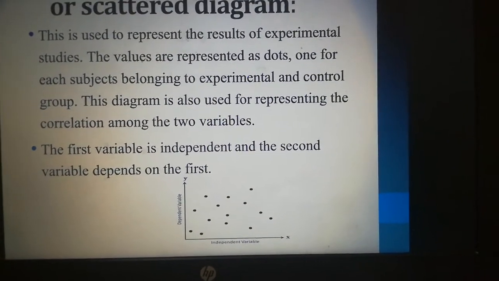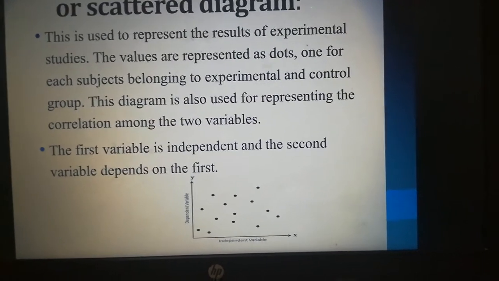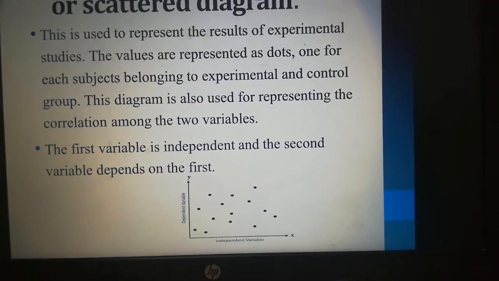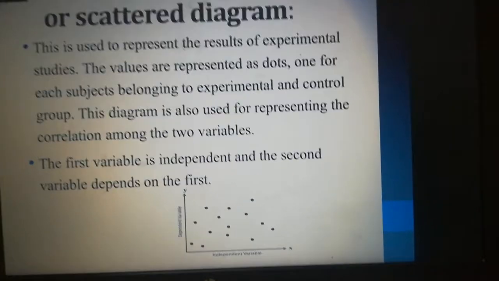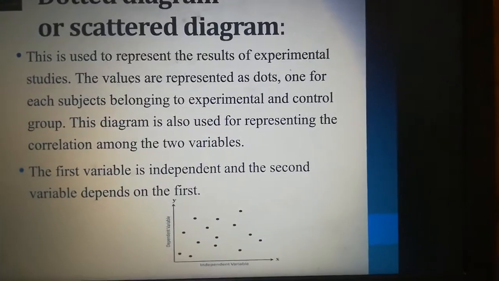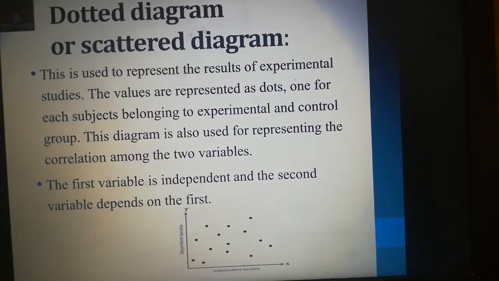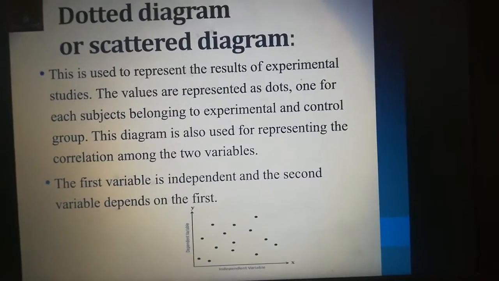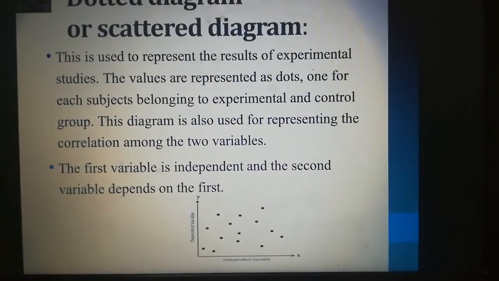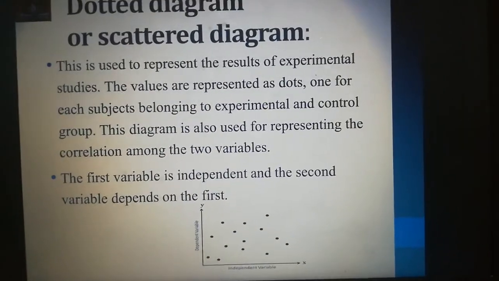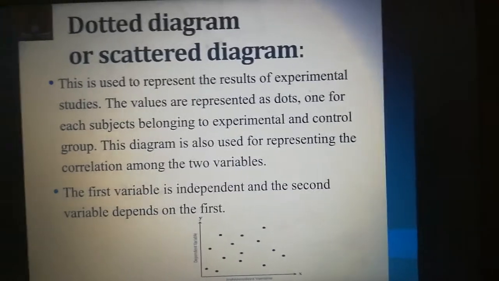Independent is on the x-axis and dependent on the y-axis, and how they are related is represented by dots. That's why it's known as dotted, and because it is scattered, it is otherwise known as the scatter diagram. Usually to represent correlation or pre and post test effect, we use the dotted or scatter diagram.